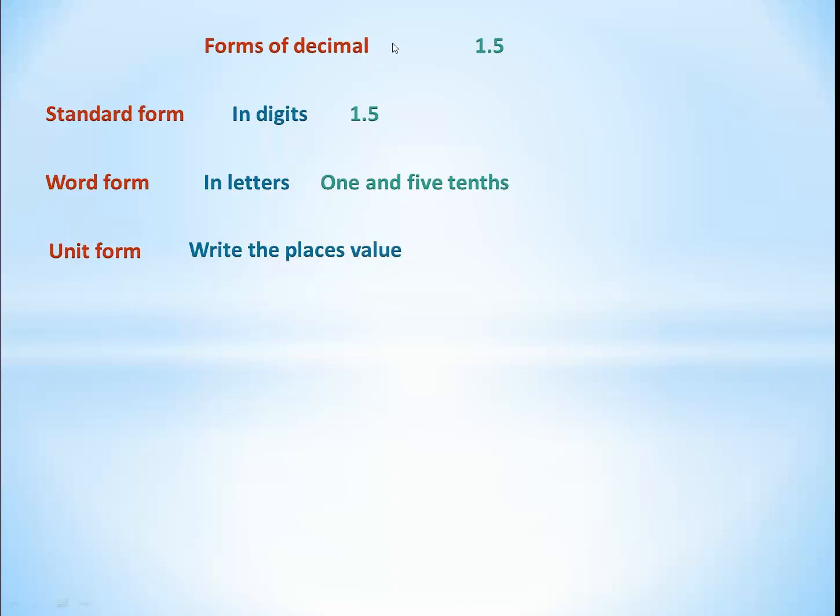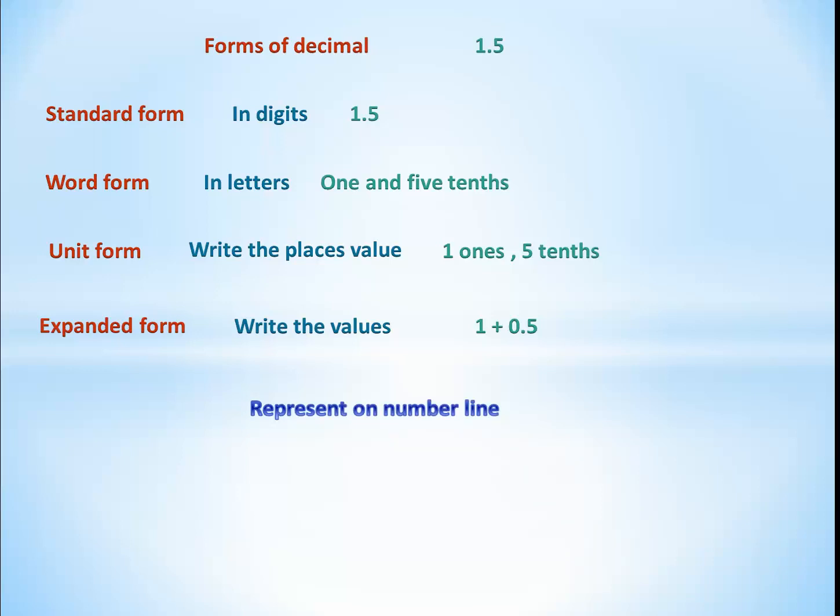Here 1 is ones and 5 is tenths, so we are going to write 1 one and 5 tenths. And expanded form means we are going to write the values of each digit. Here the value of 1 is 1, and the value of 5 is 5/10, so we are going to write it 0.5.